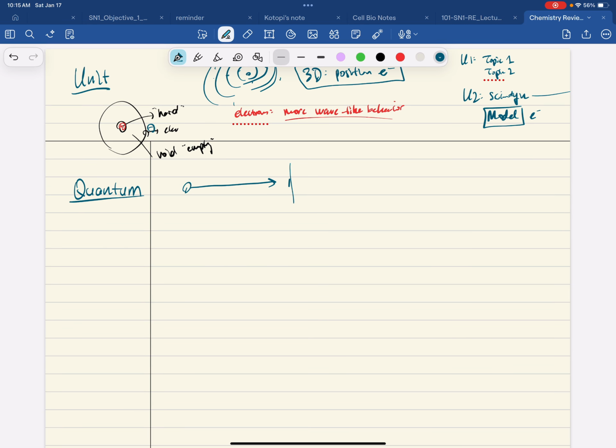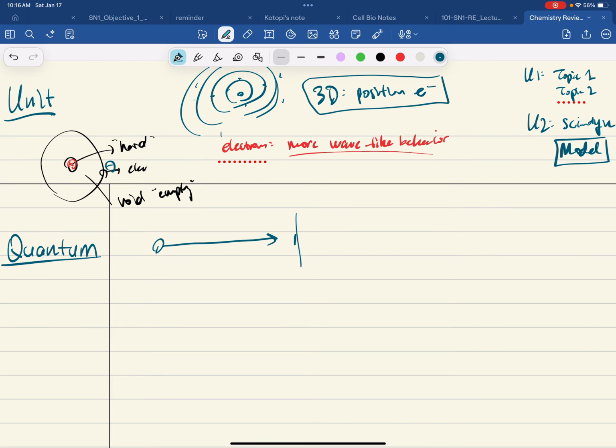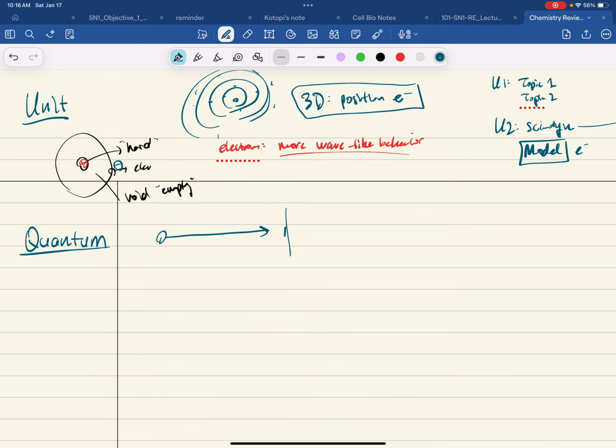But that does not explain all of the reactions that these atoms are able to do. The chemistry itself cannot be explained merely by the mechanical theory. That's why we add the quantum theory, which does explain these behaviors, and primarily it says there are wave-like movements of the electrons.